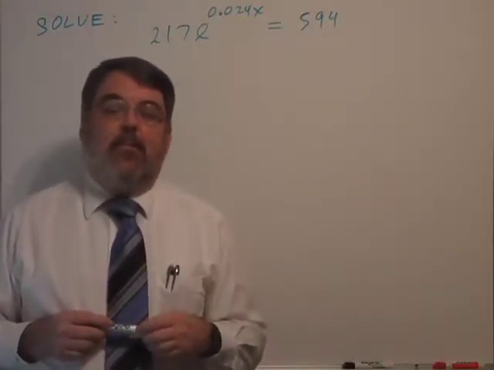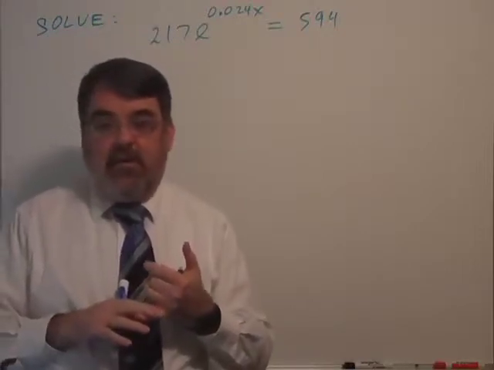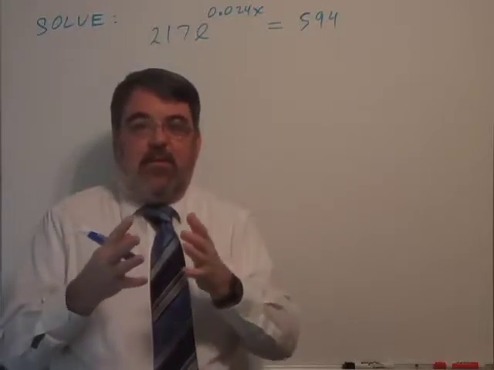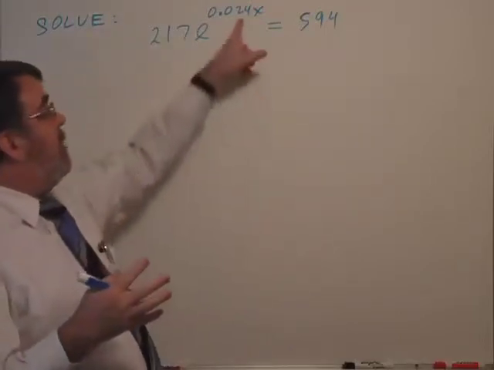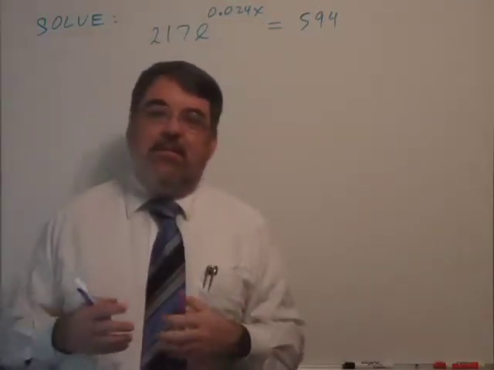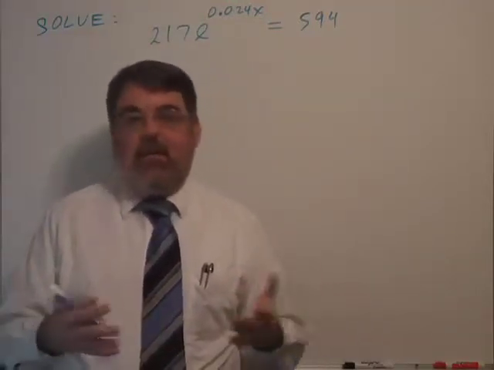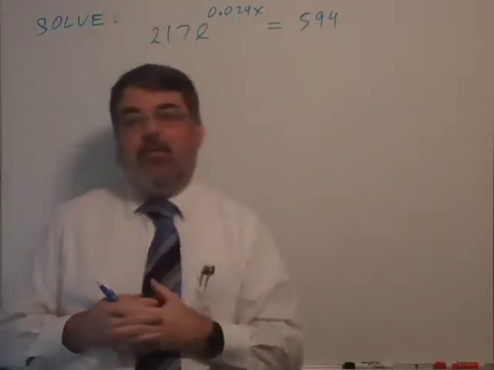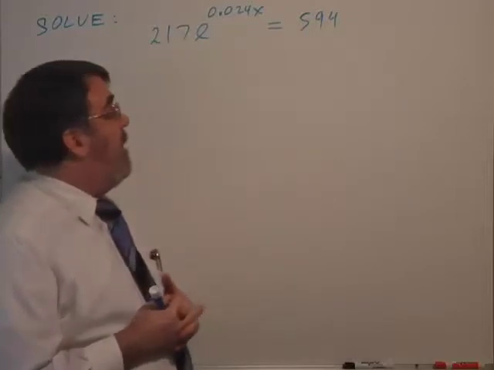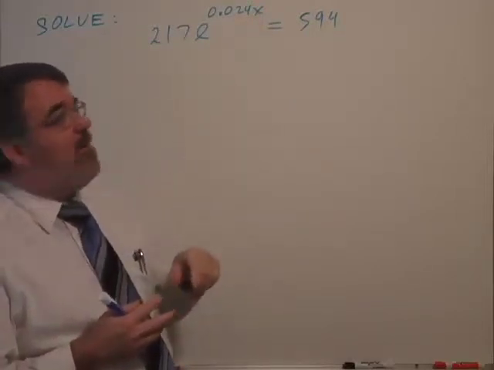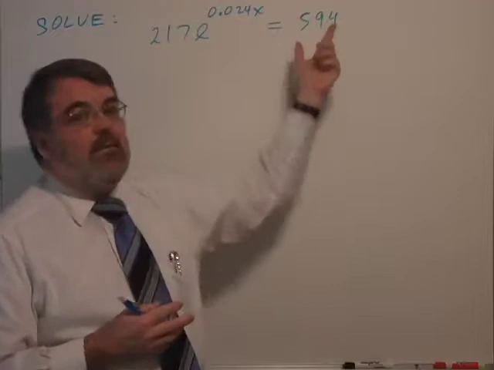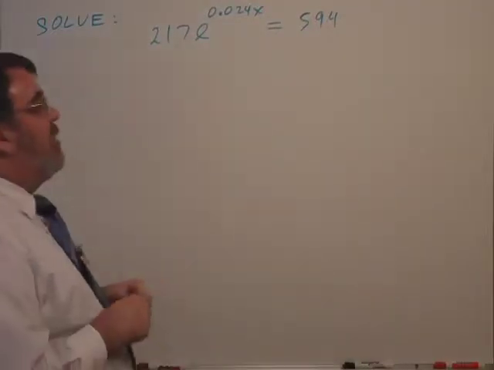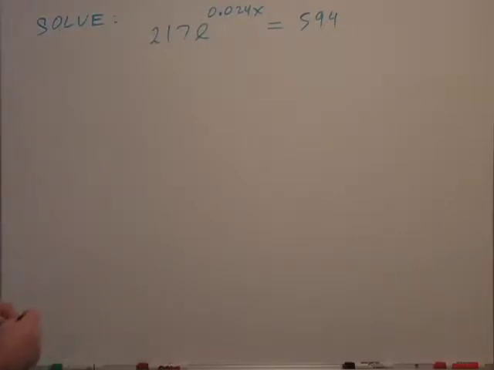If you have a population that's currently 217, and it's continuously growing at a rate of about 2.4% per year, per week, per day, whatever the time frame is, then how long would it take for that population to grow to a total of 594? That's actually a valid interpretation of this problem.